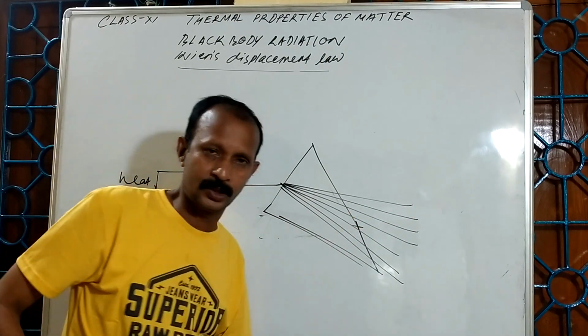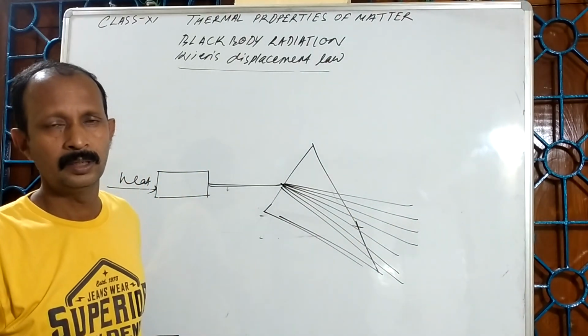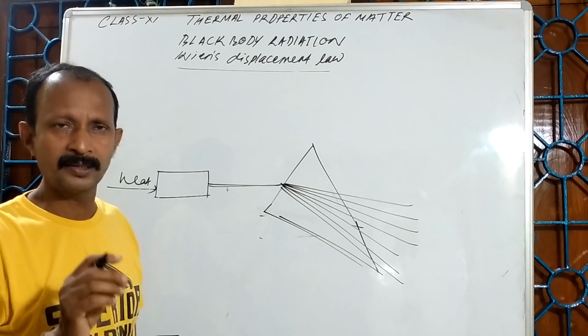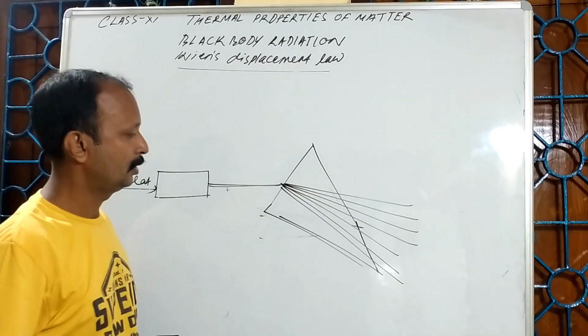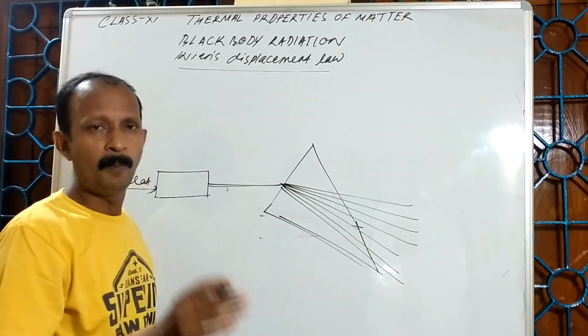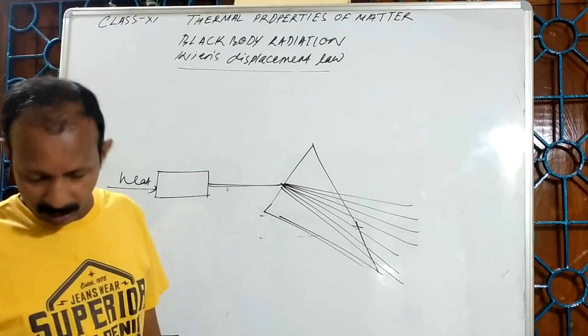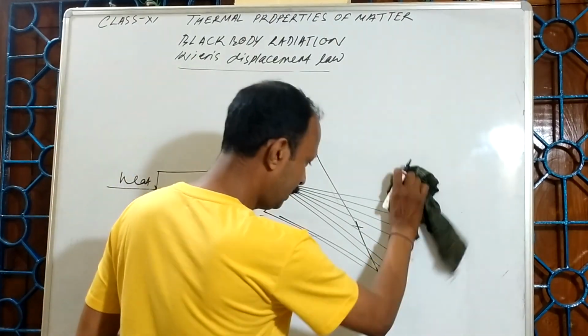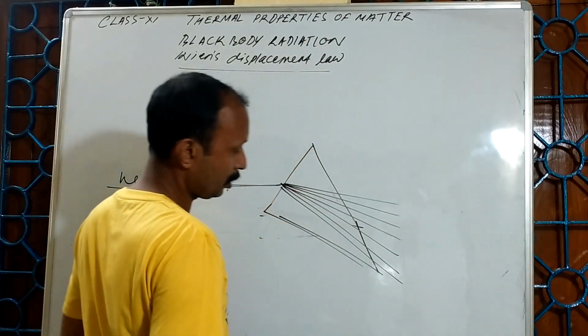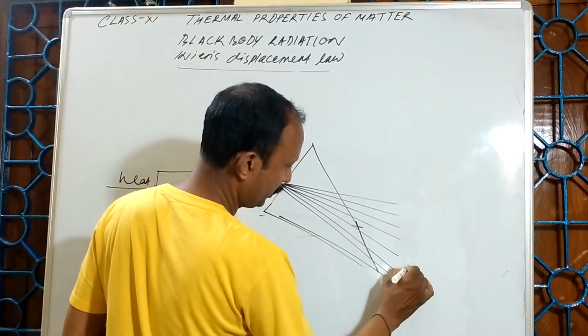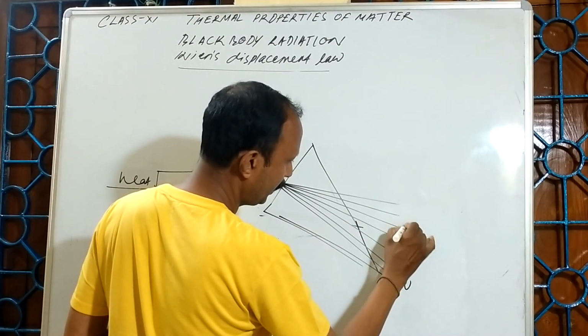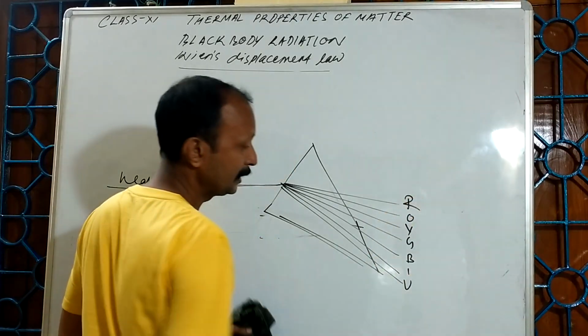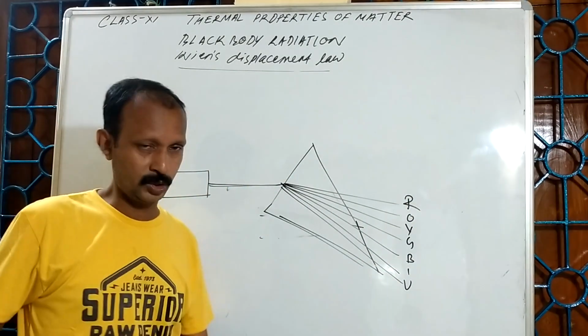Suppose these are the rays, because we know that when a light ray passes through a prism, it splits into its component colors, in an order like violet, indigo, blue, green, yellow, orange, red. 7 colors.